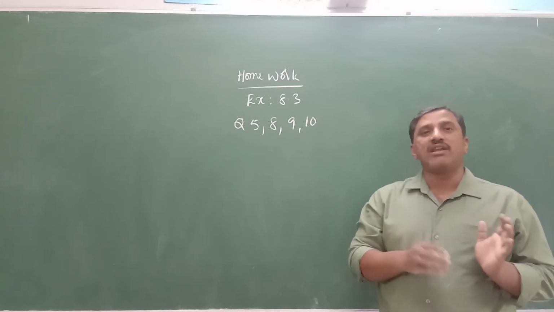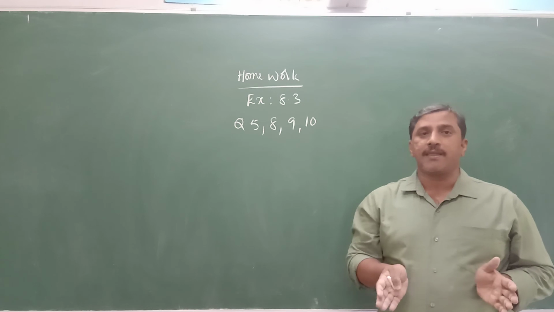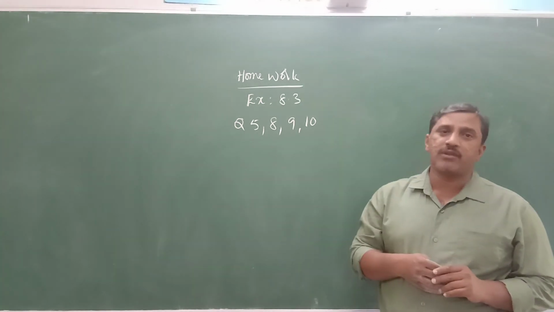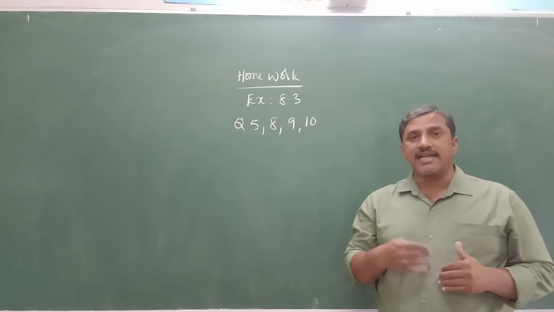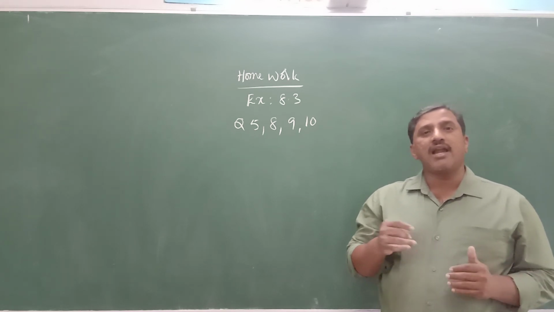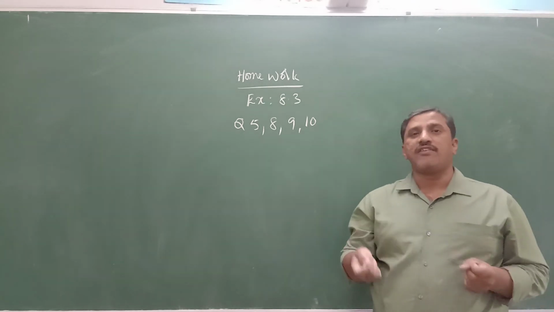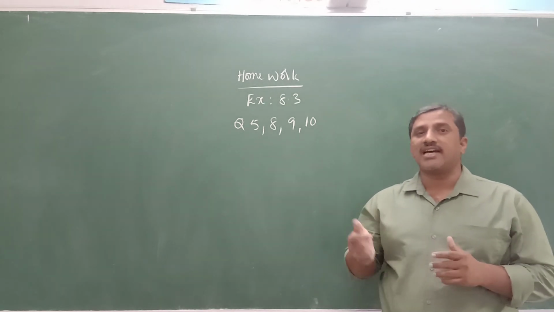Finding the profit when we know the CP and SP, finding the profit when we know the profit percentage and the CP, finding the profit percentage when we know the CP and SP, and finding the CP or SP when we know the profit or loss percent and the other one.